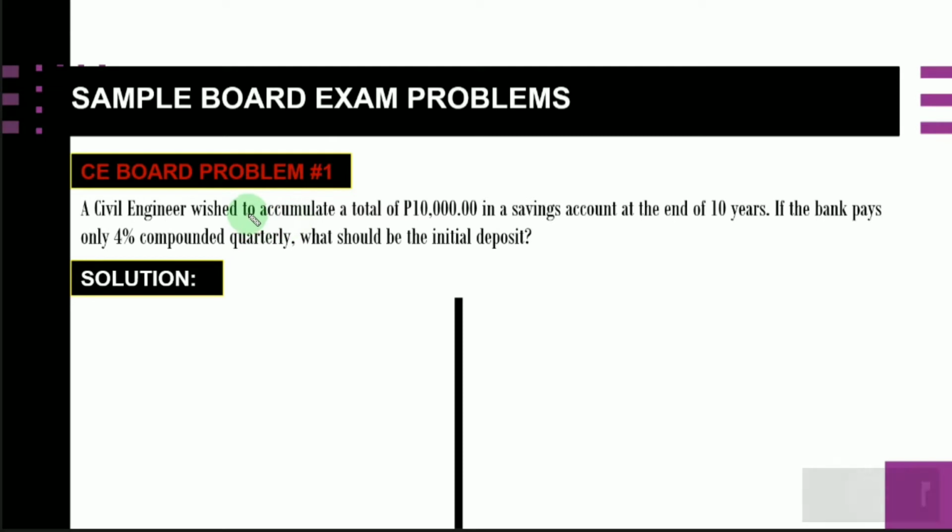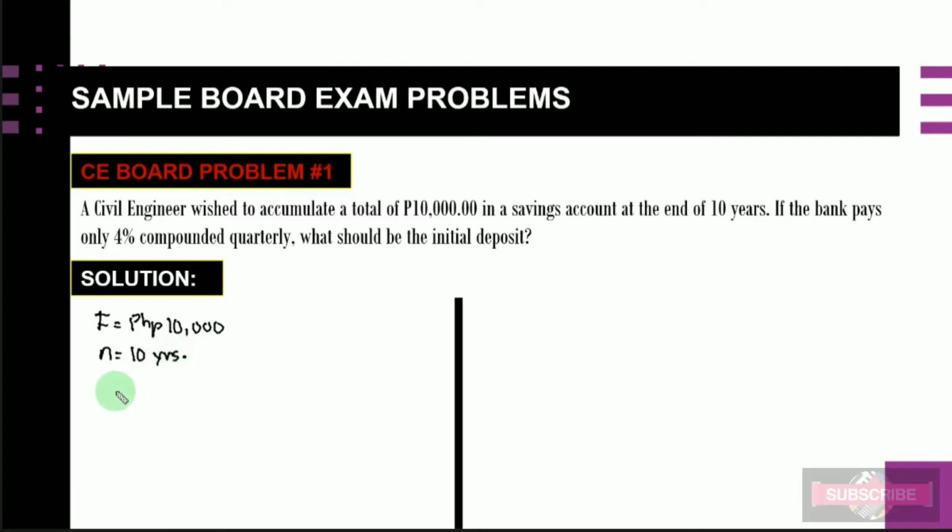So, wish to accumulate a total of 10,000, we can say that your F is equal to 10,000 pesos. If you encounter the word accumulate or accumulated, it refers to your future amount. At the end of 10 years, so your N is equal to 10 years.